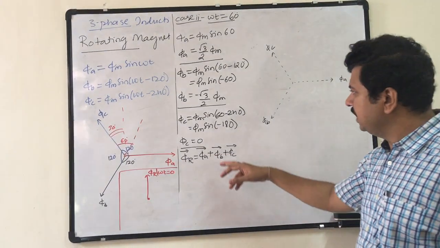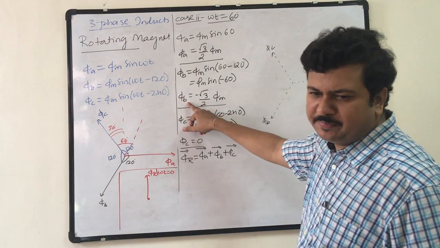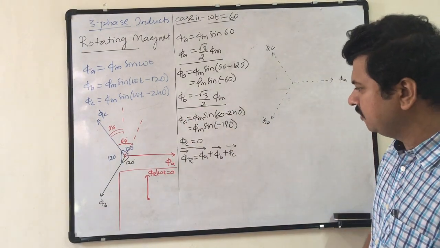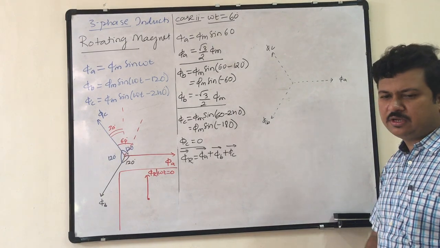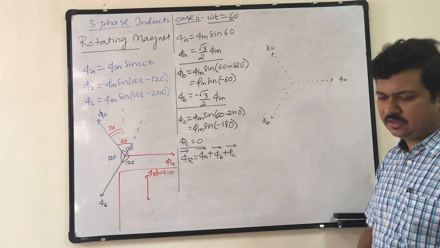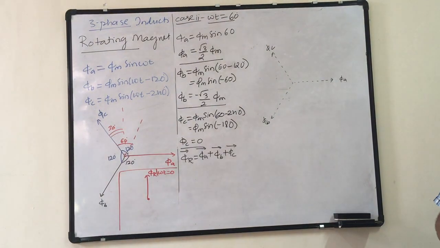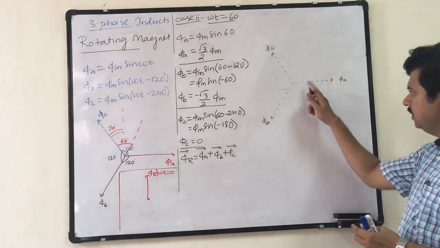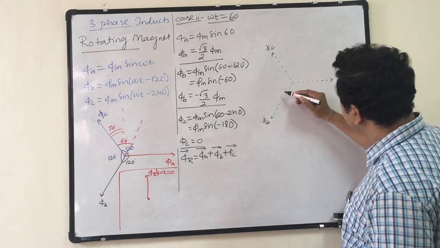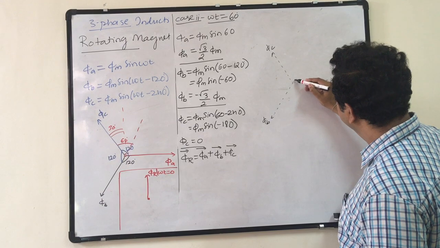Now I have to place vector phi b and vector phi c with respect to their positions. Vector phi b is minus root 3 by 2 phi m. When it is minus for any vector, it is in the opposite direction to its original position. So phi b is here, and minus phi b will be here.